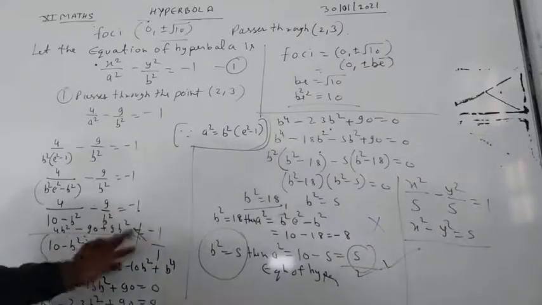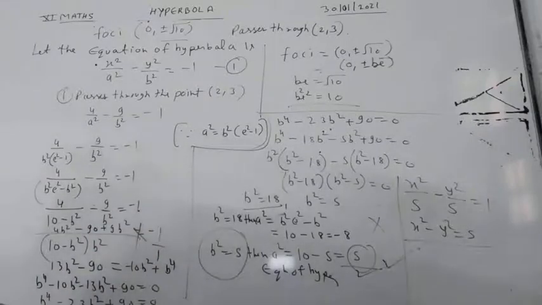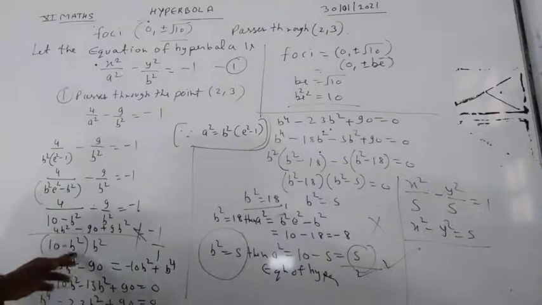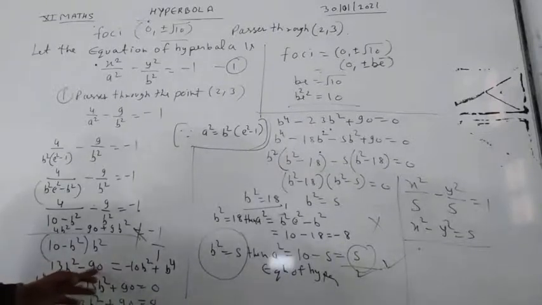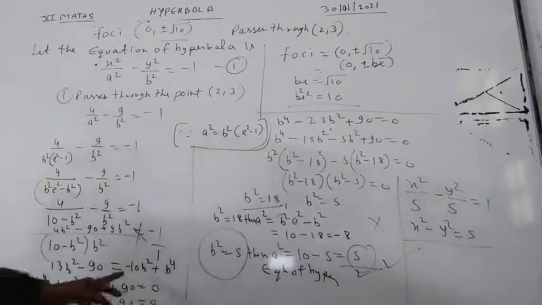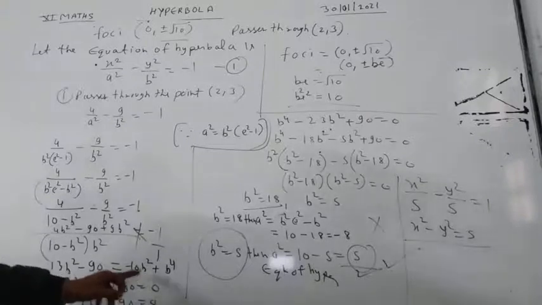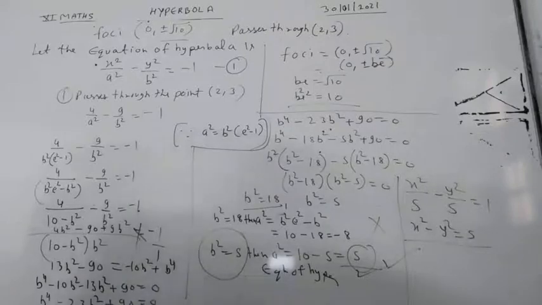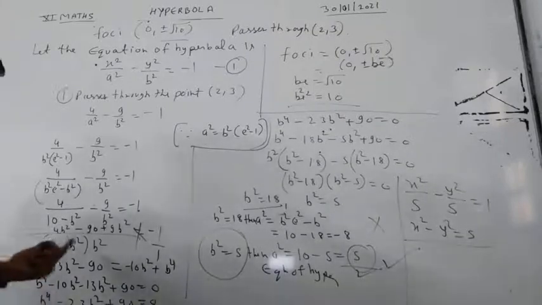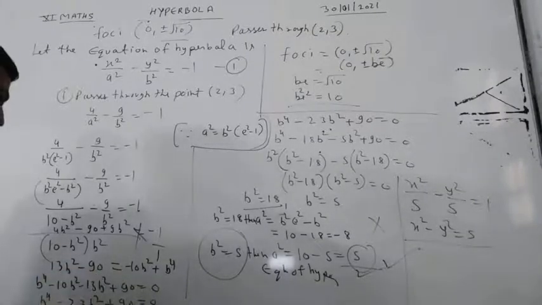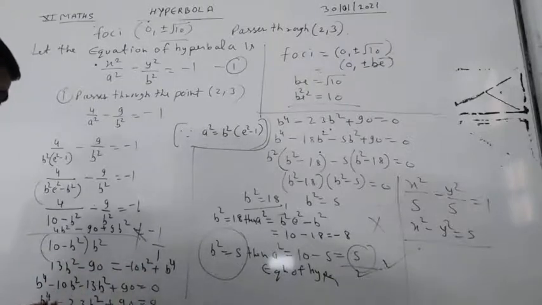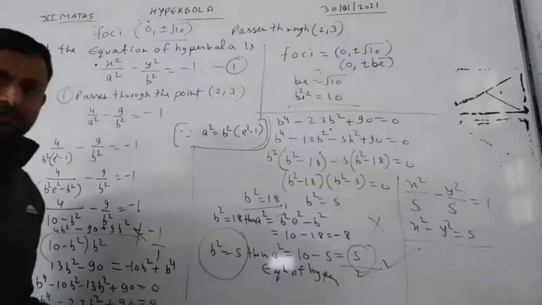And students, from here we take cross multiplication and we get 13b² − 90 equal to −10b² + b⁴. Now after this we do transposing and send everything to one side, and we get b⁴ − 23b² + 90 = 0.